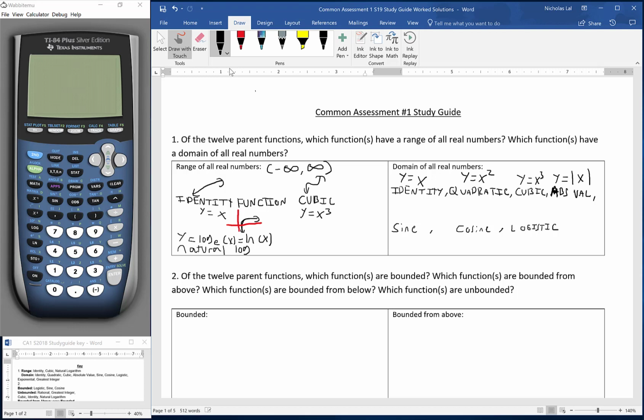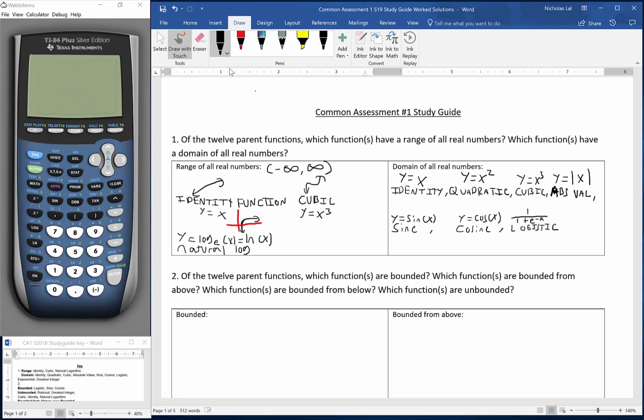For a sine function, y is equal to the sine of x. The cosine function, y is equal to the cosine of x. The logistic function has different forms, but it's usually 1 over 1 plus e to the negative x.